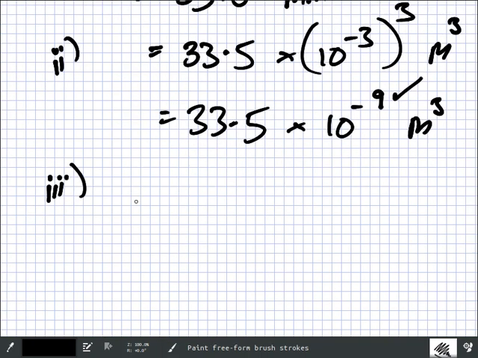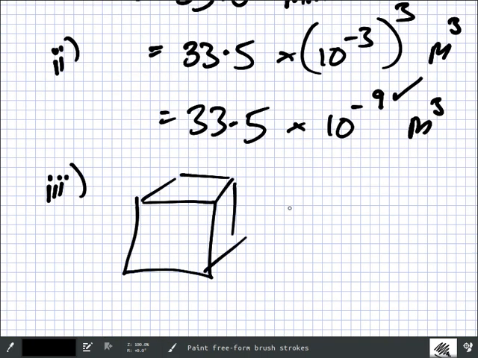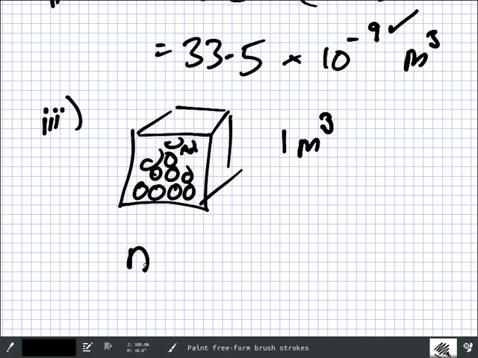Part 3. You have a container. It's 1 meter cubed. And their question was, how many of these balls can you fit into the container? So the answer is 1 meter cubed divided by 33.5 times 10 to the minus 9.